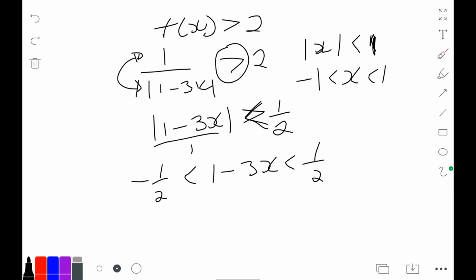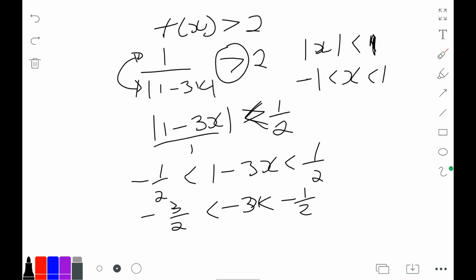That's one. So now you can solve it. You just take the other one. The other side is going to be minus 3 over 2 is less than minus 3x, which is less than minus 1 over 2. Then you divide by negative 3.